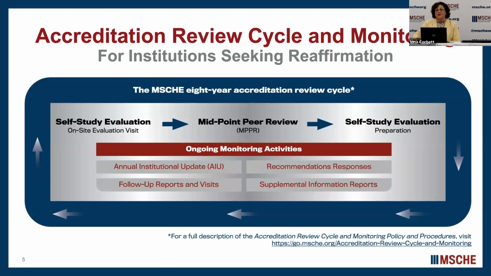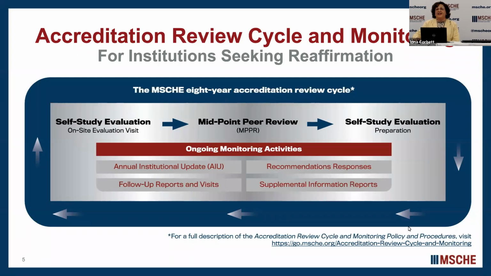On the screen, you will see our graphic for the accreditation cycle and monitoring. This is a graphic that you're very familiar with. As you can see, the MSCHE has an 8-year accreditation review cycle. It begins with a self-study evaluation visit, follows 4 years later with the midpoint peer review, and then 4 years hence, again, the self-study evaluation.